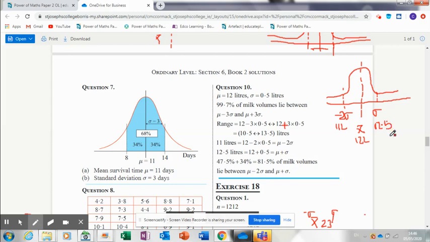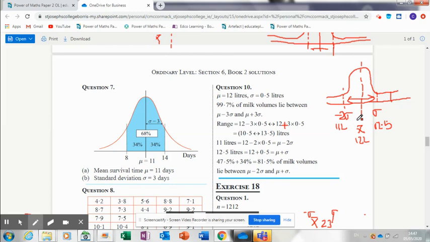Okay. So up as far as this, you've got 50%. We want to know what we have in here. Now again, between 1 standard deviation above and below is 68. Between 2 standard deviations above and below is 95. But 95, remember, is divided evenly between what's below and what's above.